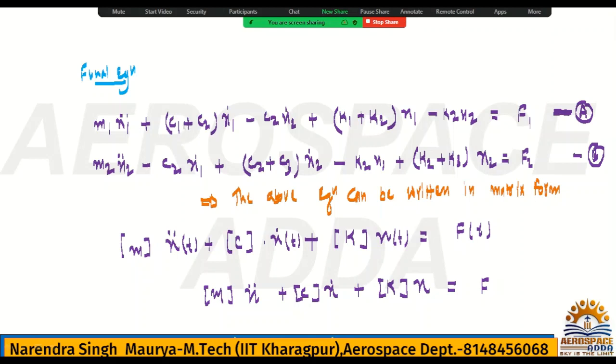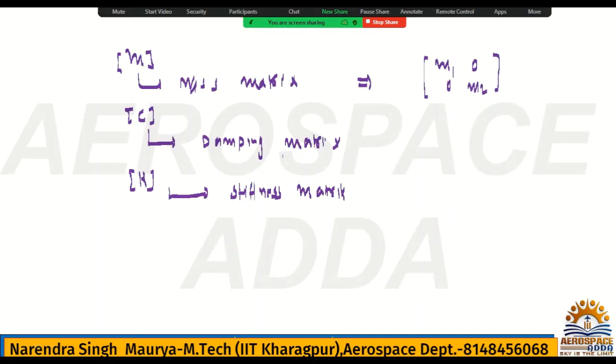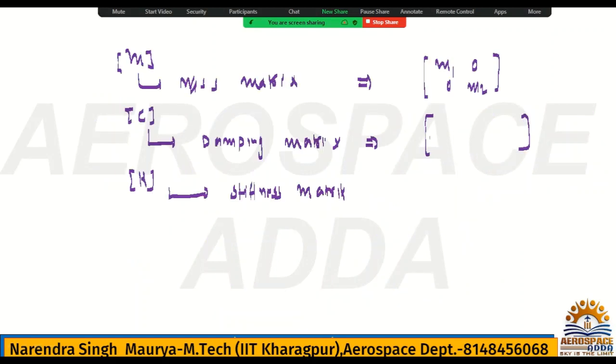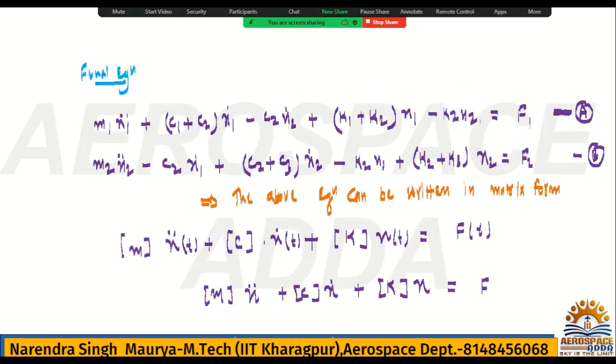So what is the damping matrix? c1 plus c2, then minus c2, then minus c2, and here we have c2 plus c3. All 4 elements will come for the damping matrix. So we write from here: c1 plus c2, minus c2, minus c2, and c2 plus c3.